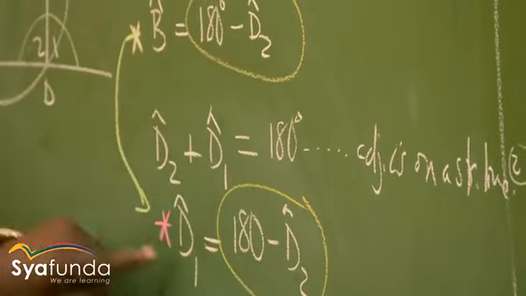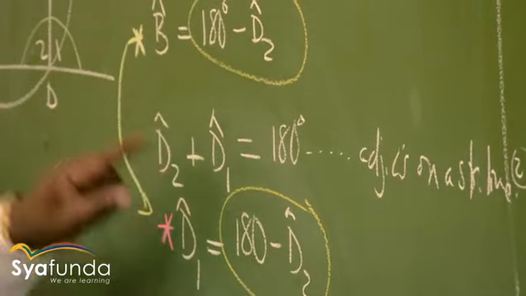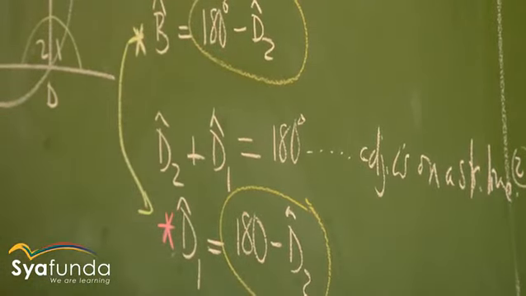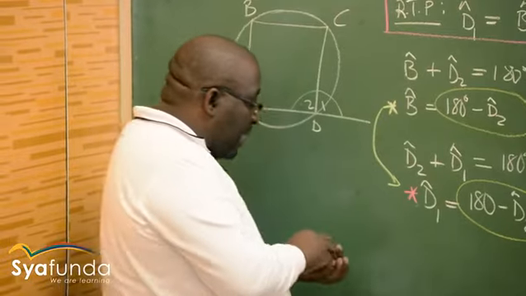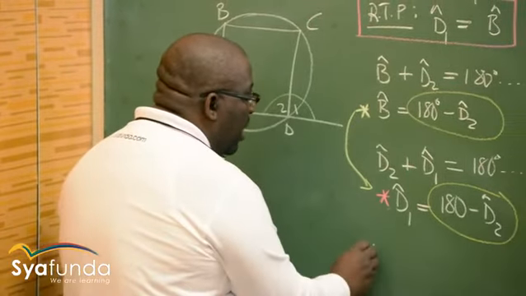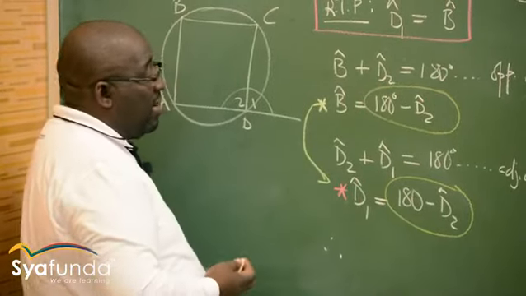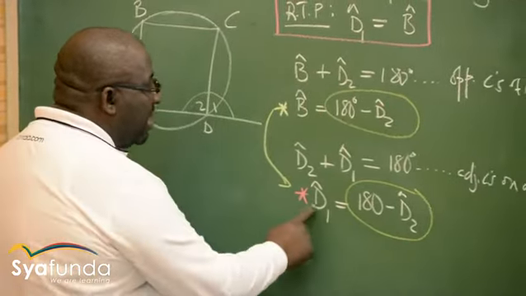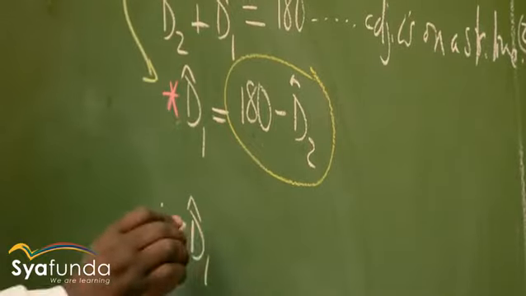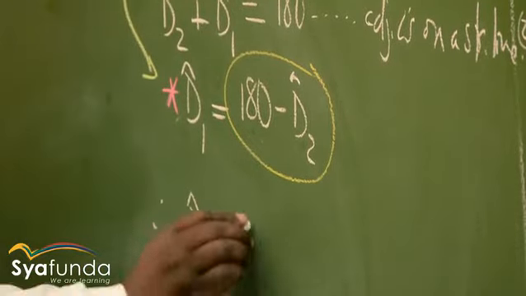Since these two are equal to the same thing, we can conclude that these two angles are also the same. Therefore, angle D1 is also equal to angle B.